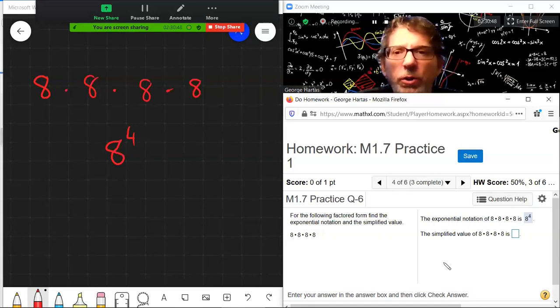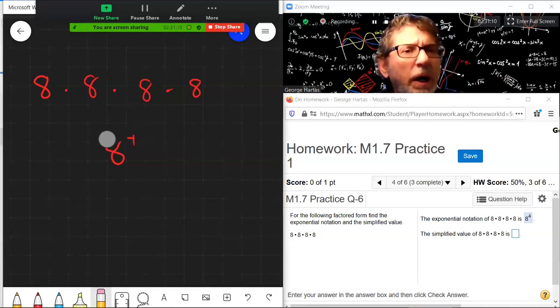Now it's part B of the question. Now they want us to find the simplified value of 8 to the 4th power, or 8 times 8 times 8 times 8. All right, well, I'm going to use some multiplication facts that I know. I know that 8 times 8 is 64, right?